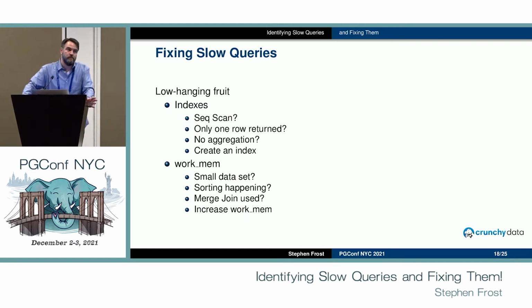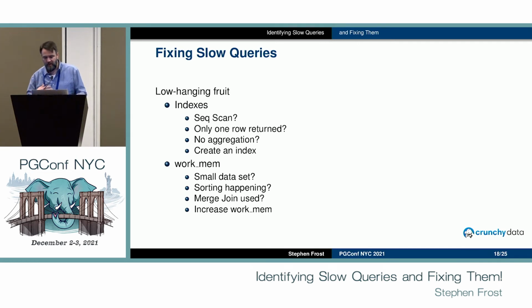So this is more relevant in older versions of Postgres, but it used to be that Postgres' hash aggregate would only ever be used when... So a hash aggregate is when we build a big hash table up in memory, and then we use that to do the aggregation.